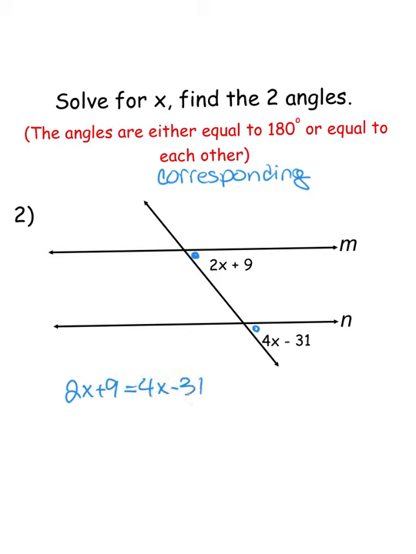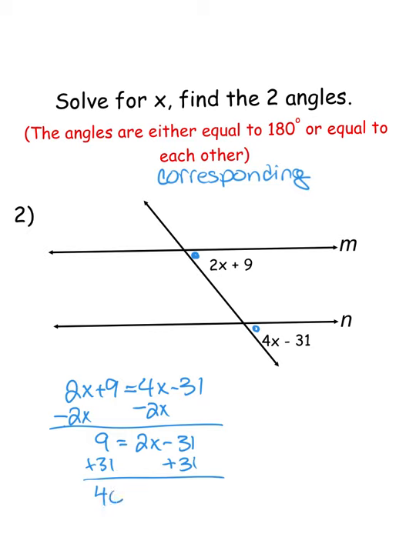If I subtract 2x from both sides, I get 9 equals 2x minus 31. If I add 31 to both sides, I get 40 equals 2x.